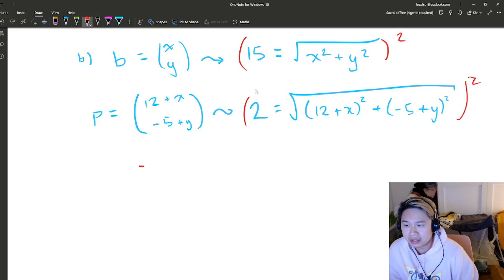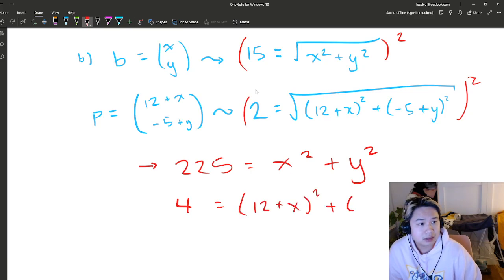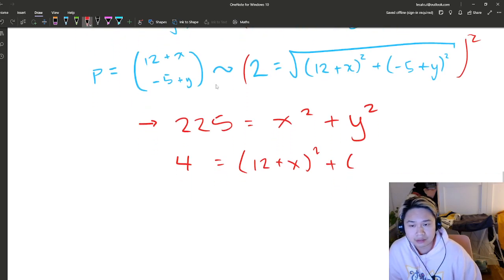So I'm going to get two new equations. 15 times 15 is 225. I'm like 90% sure it's 225. And then we get our second equation. 4 is equal to 12 plus x squared plus whatever.